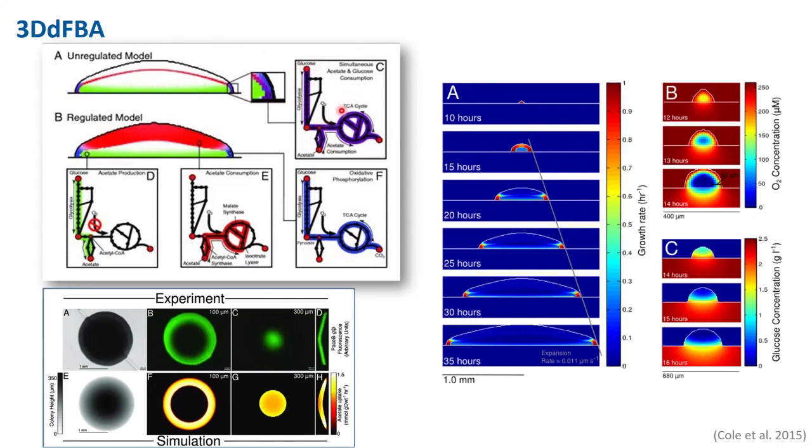This is an unregulated model in which cells do all the different parts of the metabolism altogether. Then you can run a regulated model in which, depending on what is mostly available for the individual cells at certain locations, they run different parts. Here you can see that glucose is available because these cells are close to the agar medium on the bottom, so they run the glycolysis part of the metabolism, but they don't have oxygen available because they are not connected to the upper layers or the surface.